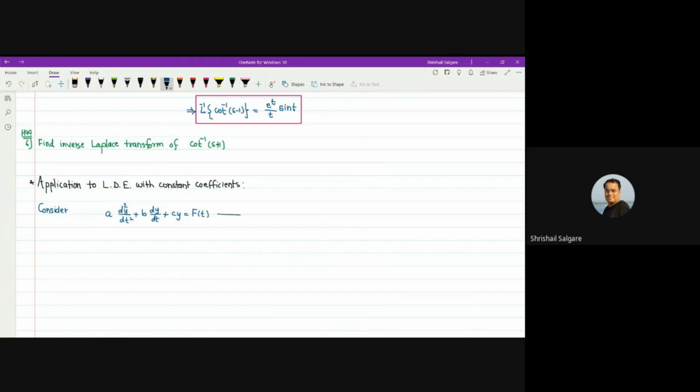In the first unit, the dependent variable may be x. In this case, the independent variable is t, where a, b, and c are constants. y is the dependent variable, t is the independent variable.